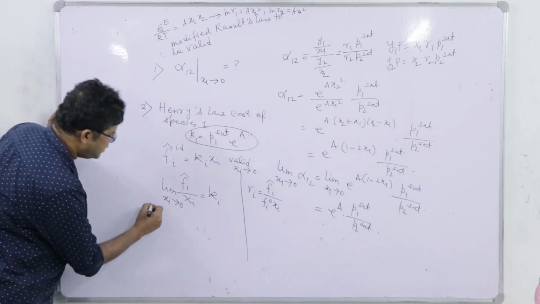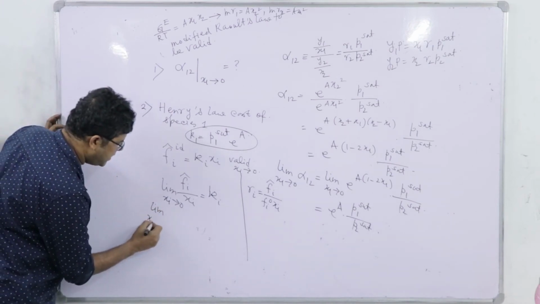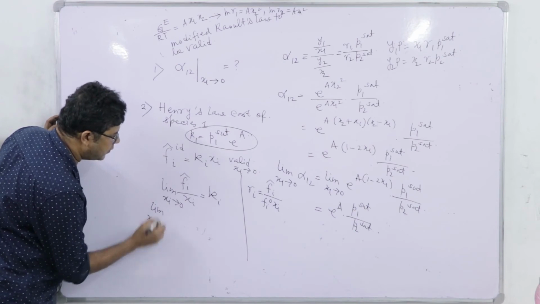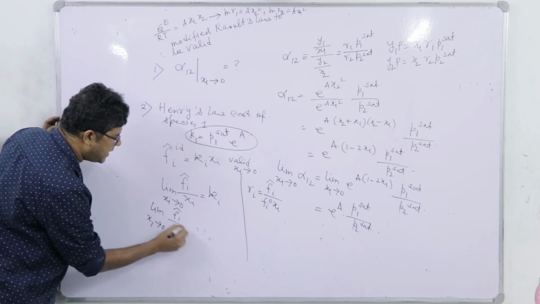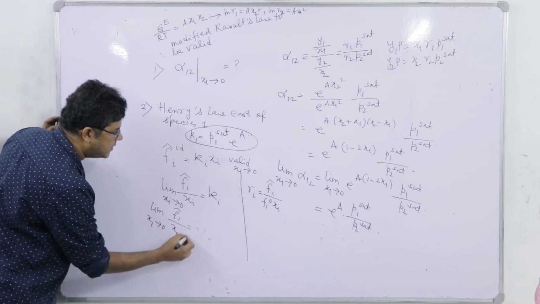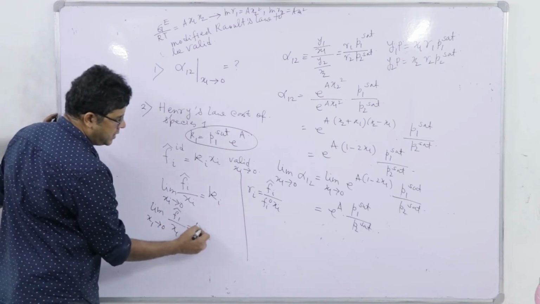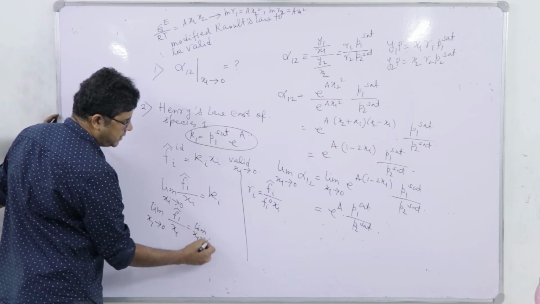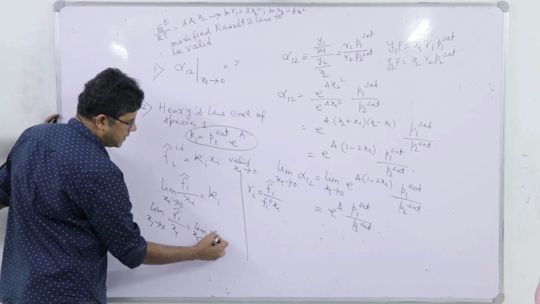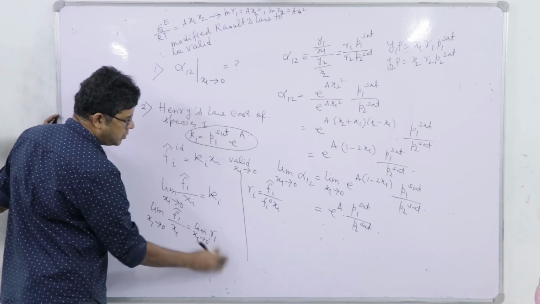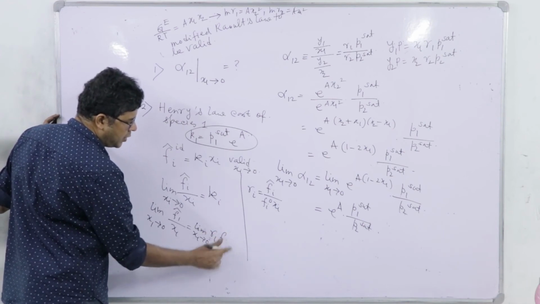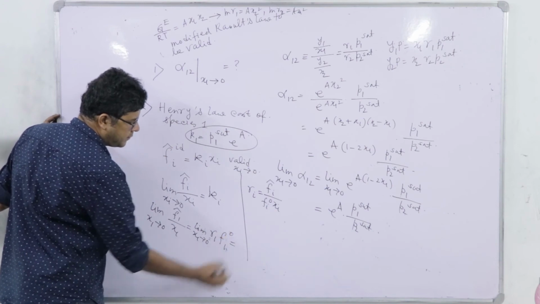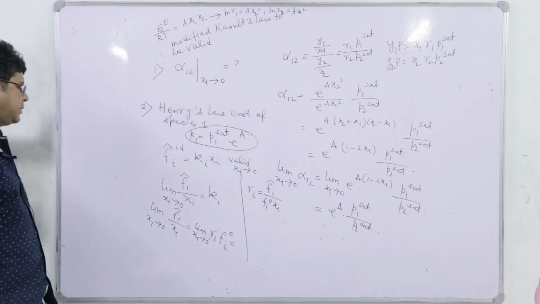So this is limit x1 tending to 0, because it is for component 1, f1 cap divided by x1 is equal to limit x1 tending to 0 gamma 1 into f1 naught, right, f1 naught.